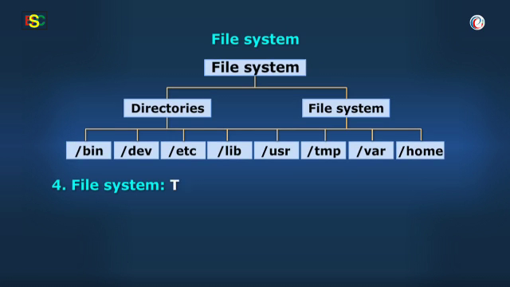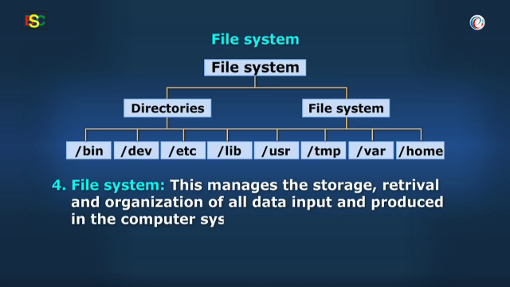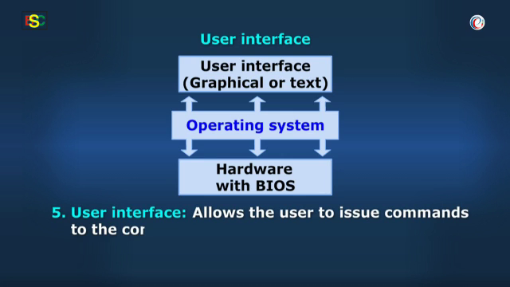File system. This manages the storage, retrieval, and organization of all data input and produced in the computer system. User interface, which allows the user to issue commands to the computer and perform the desired functions.